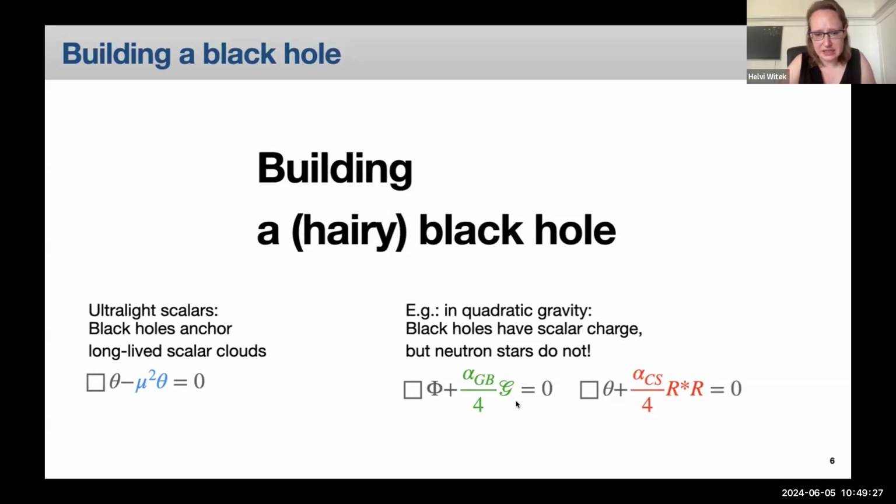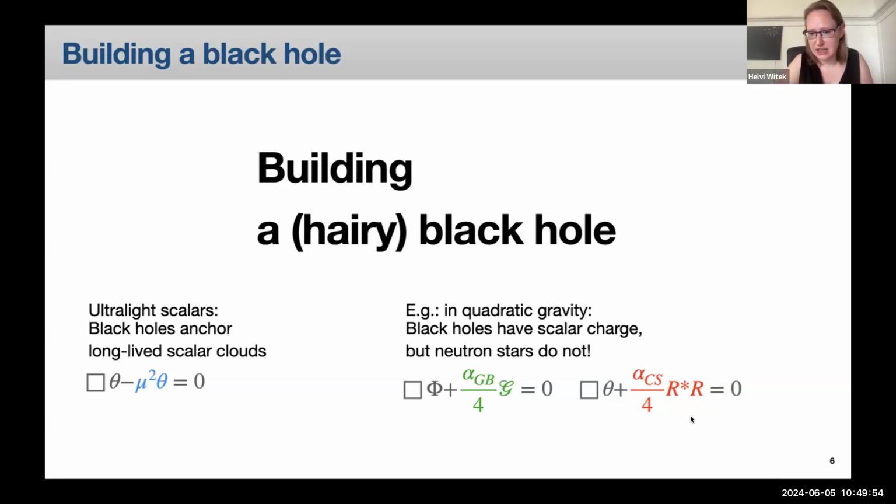In both cases here, you see that we have a wave equation for our field with this as a source term. So even if we were to start with a zero scalar field, having the space-time curvature here, even for a single non-rotating black hole, will source the scalar field, and you will end up with a black hole that has a scalar charge.